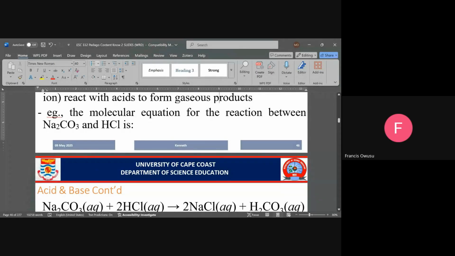Okay. Yes, let's hear from others. Anything to go against it? Yes, dear. So in this reaction, there is the carbonic acid, the hydrogen carbonate in the reaction.